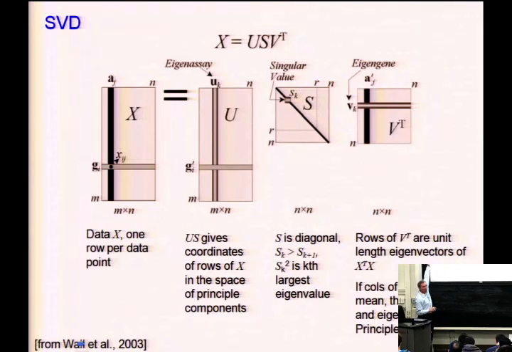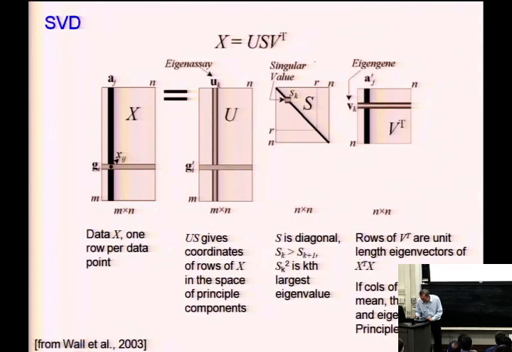We have one row per data point in X. So if I have m data points here, and each of them is of n dimensions, then I just assemble this data matrix X, and I zero center it. And then I can express that matrix as the product of three other matrices.